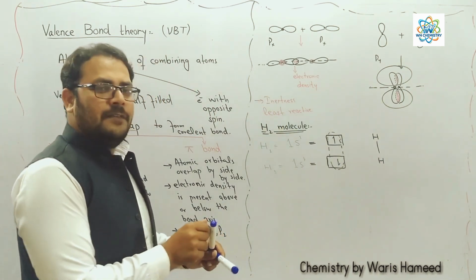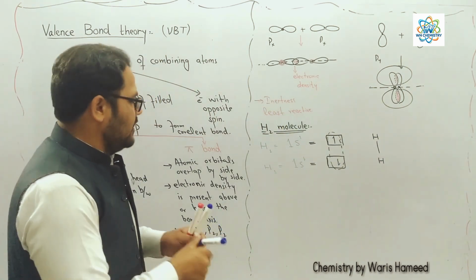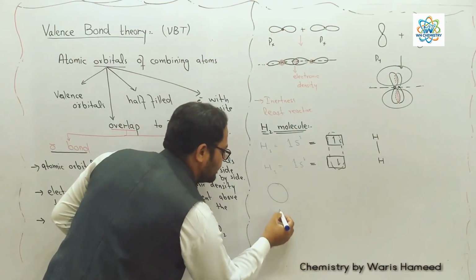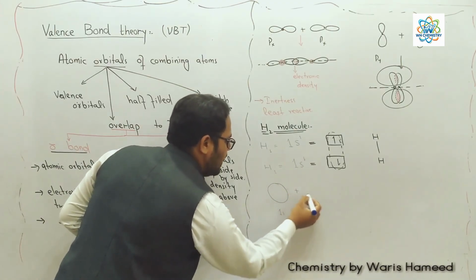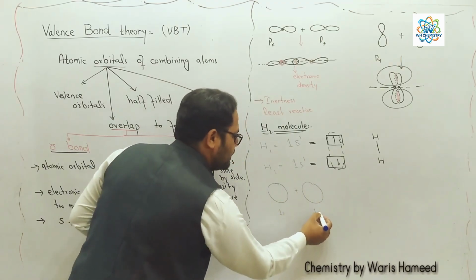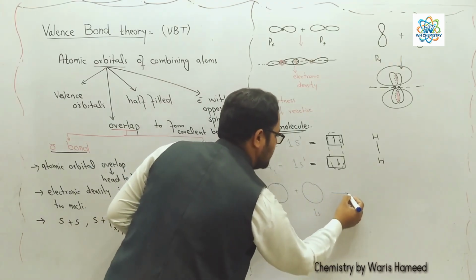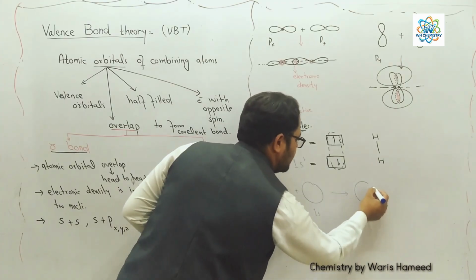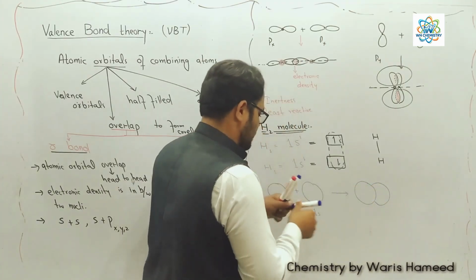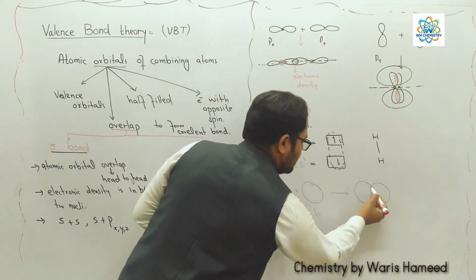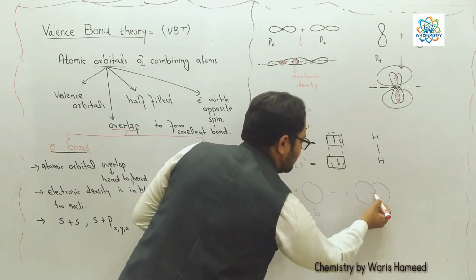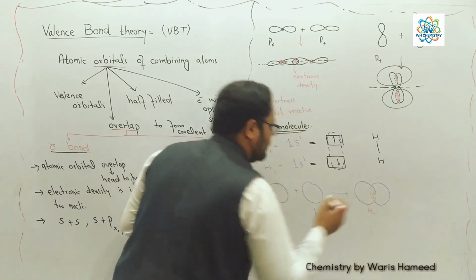Now what will be the diagram for the hydrogen molecule? Here is one s and it's going to overlap with another 1s, and here is the molecule of hydrogen, and here is the overlapping in between these two s orbitals.